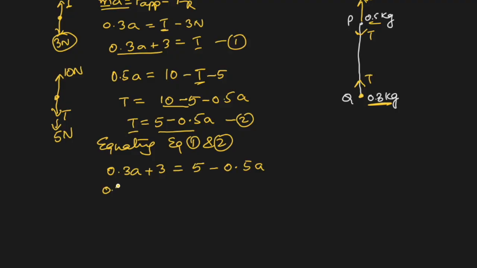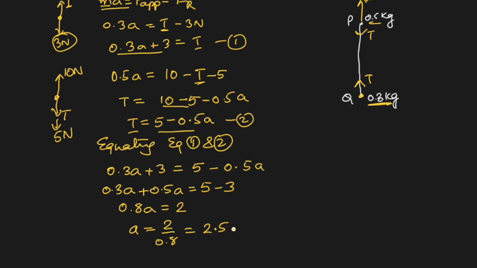So 0.3A plus 0.5A equal to 5 minus 3. 0.8A equal to 2. A will be 2 divided by 0.8, which is 2.5 meters per second square.